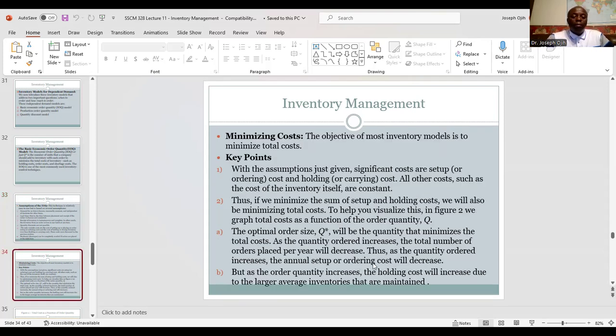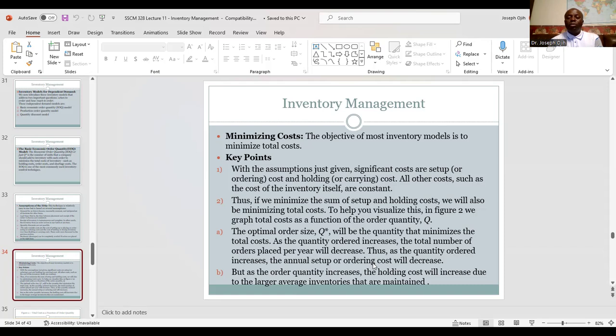So now we are ready to look at minimizing costs. Operations managers are always trying to figure out a way to minimize costs, so their goal is to minimize total costs. With the assumptions just given in the previous slide, a significant amount of costs are setup, which is the ordering costs, and holding costs, which is the carrying costs.